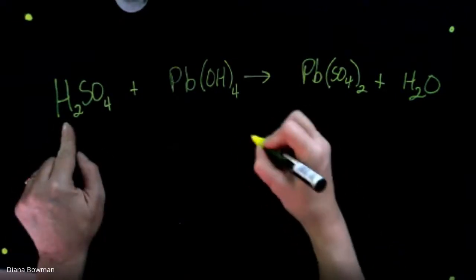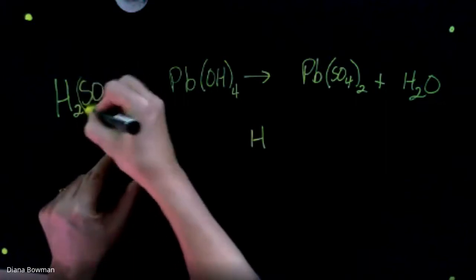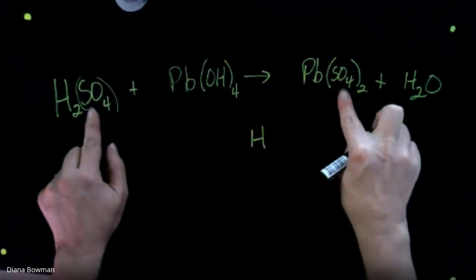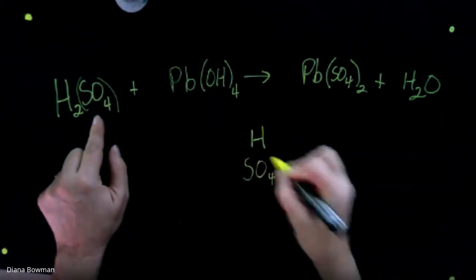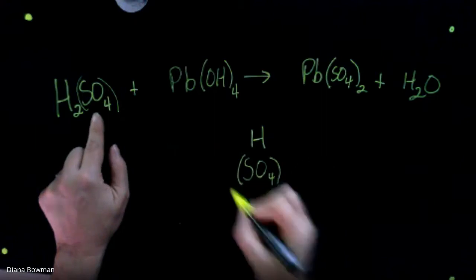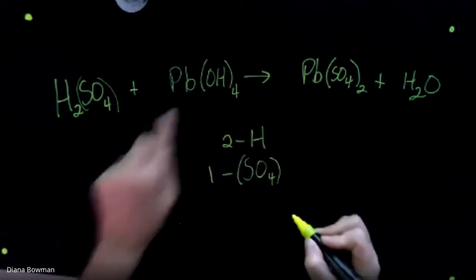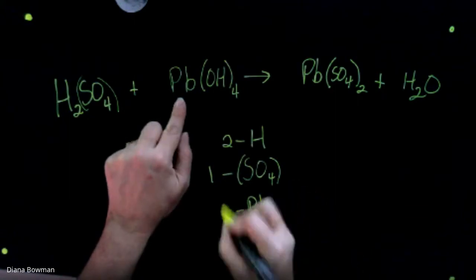Okay, so let's balance the equation again. We're going to take attendance. We've got hydrogen. Hey, look at there. You see this sulfate? And you see that sulfate, SO4s? Let's just keep them together as a package deal. How many do I have here? I've got 1. I've got 2 of those. Lead over here, I've got 1 of those.